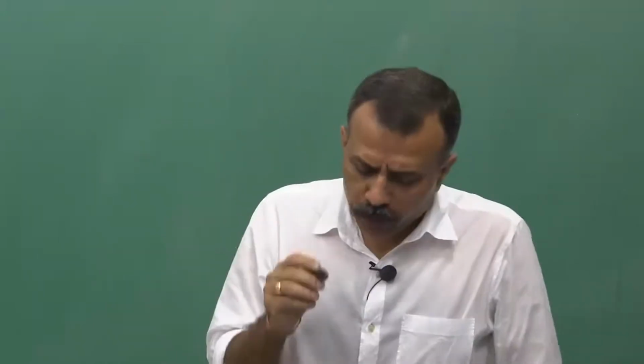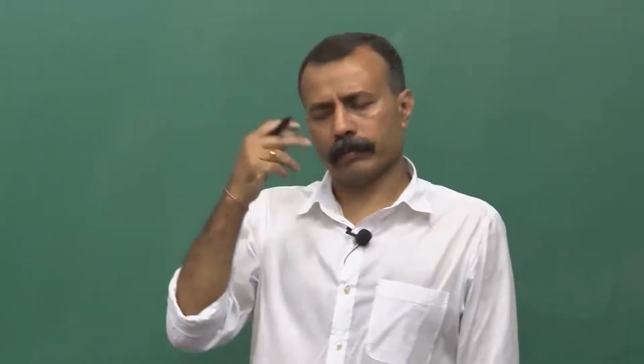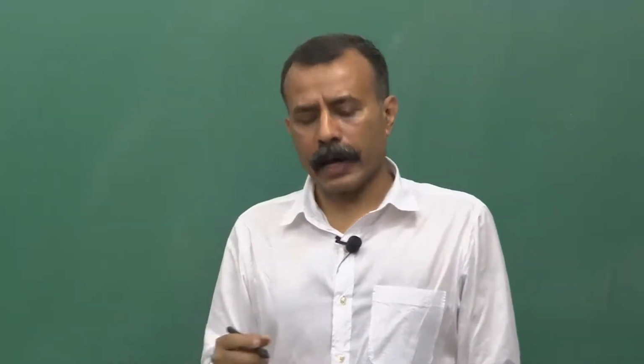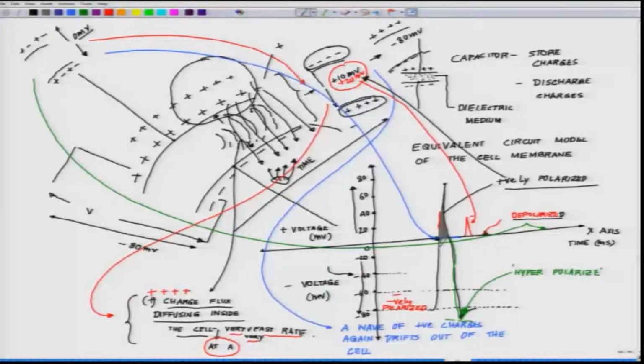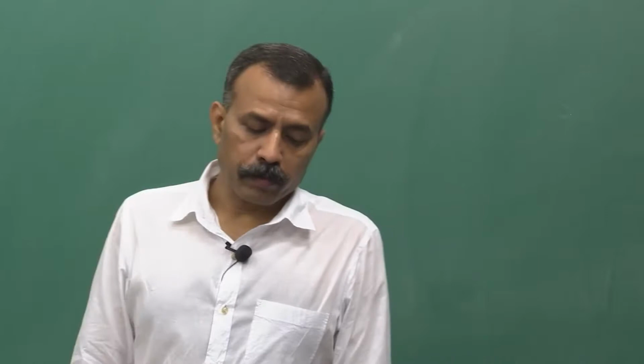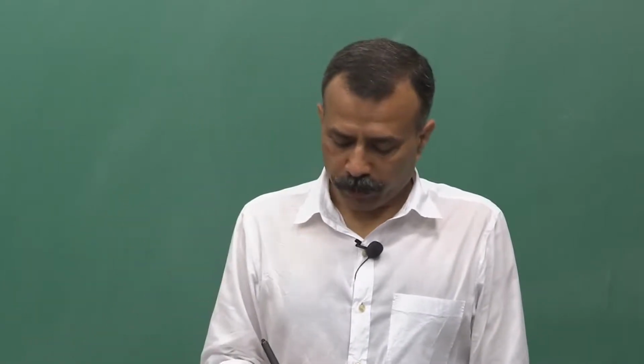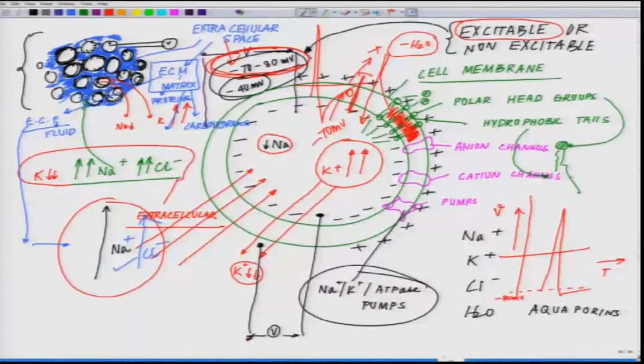So, for your understanding, you can visualize the membrane as being in a negatively polarized state most of the time. All our cells are at a negatively polarized state, but some cells, if you remember the previous slide, which are called the excitable cells, behave differently as compared to their counterpart, the non-excitable cells.